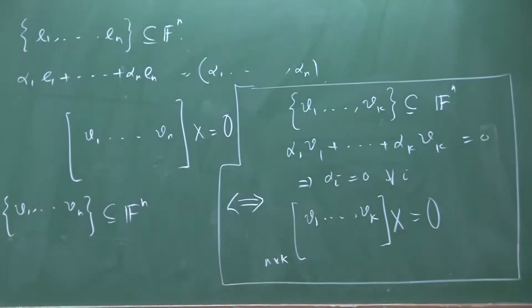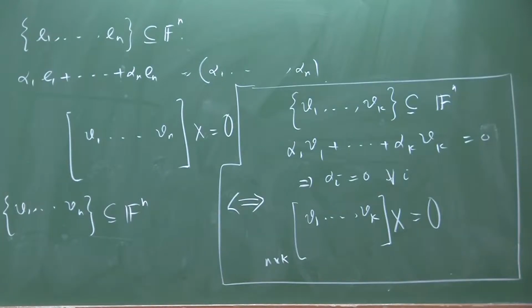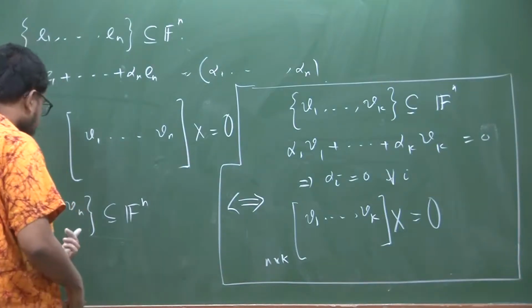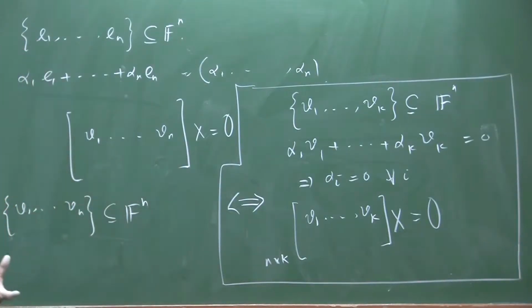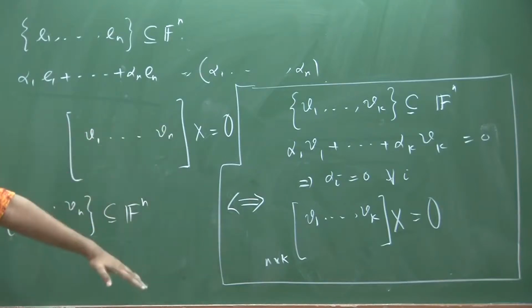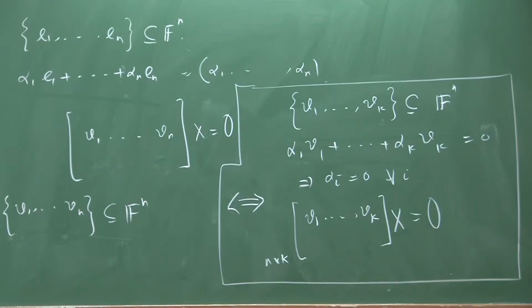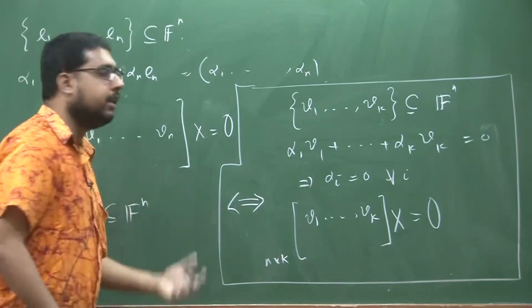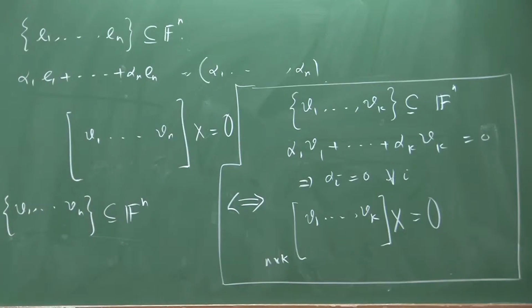That criterion tells us that if it is an invertible matrix, then already we have seen that the set spans the whole Fn on one hand, and now we have seen that the subset is linearly independent as well.